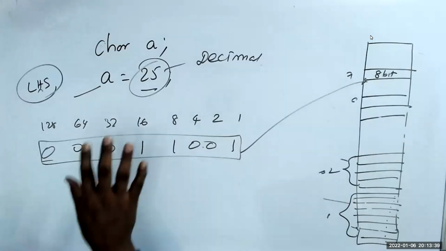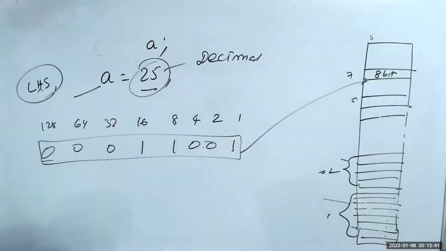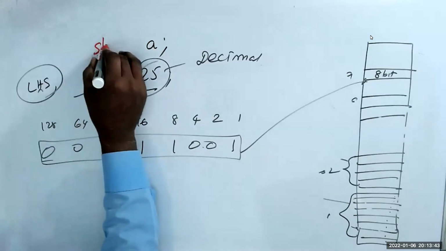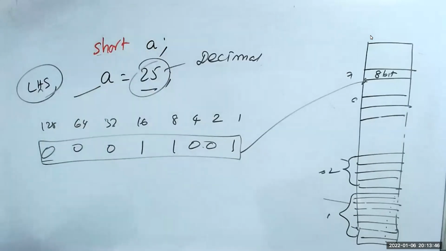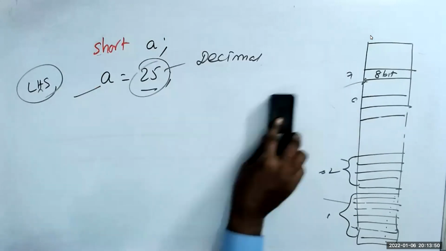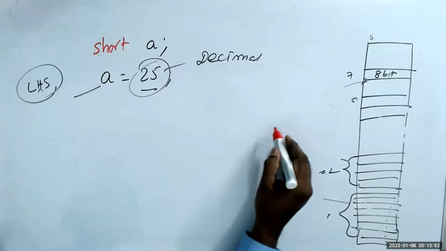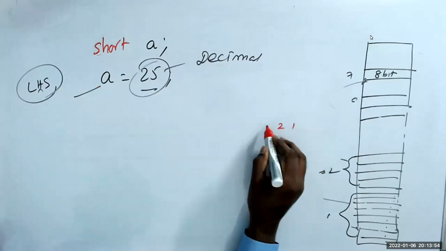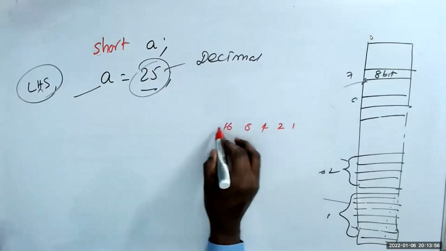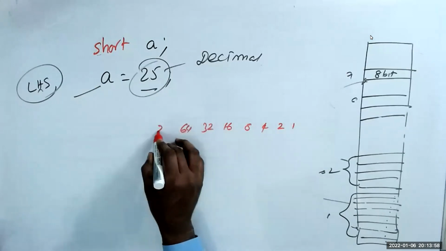That's fine. Now, instead of char, if I say short, same thing, I change only short. Now what will happen? This will allocate 16 bits. 1, 2, 4, 8, 16, 32, 64, 128.